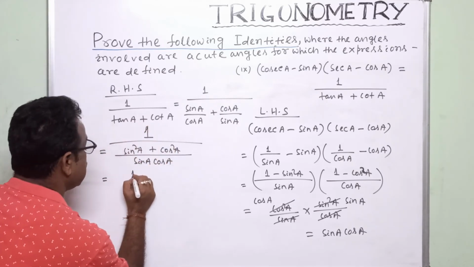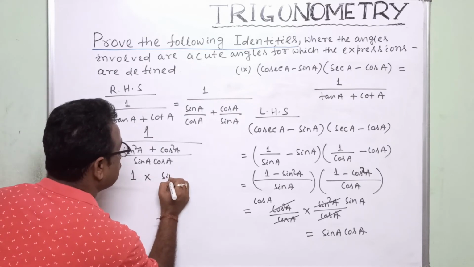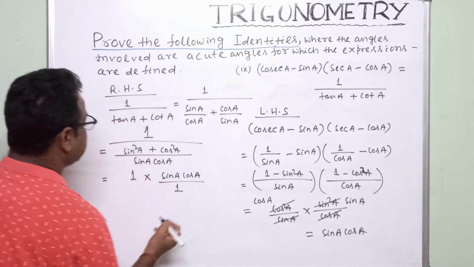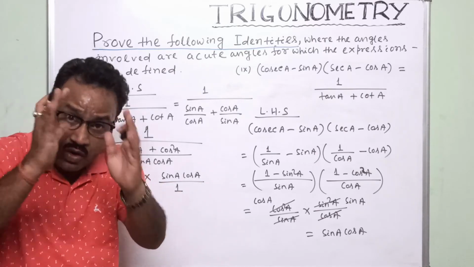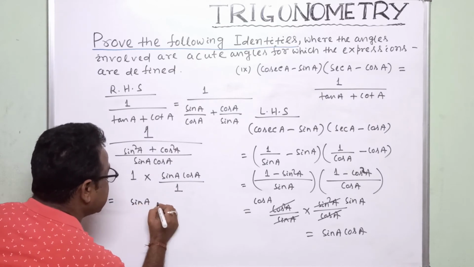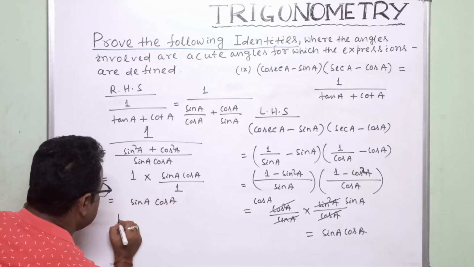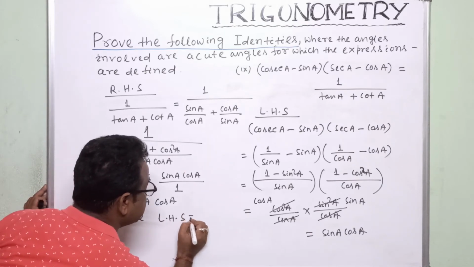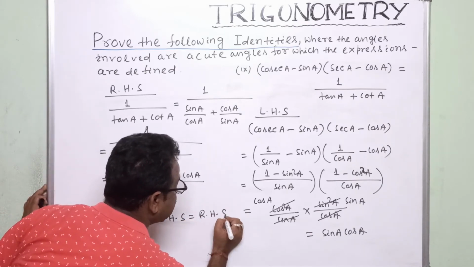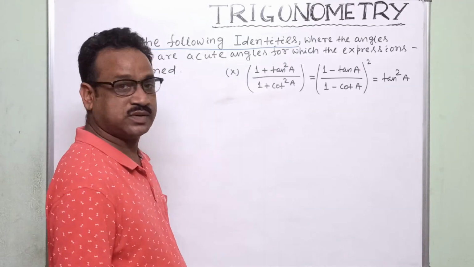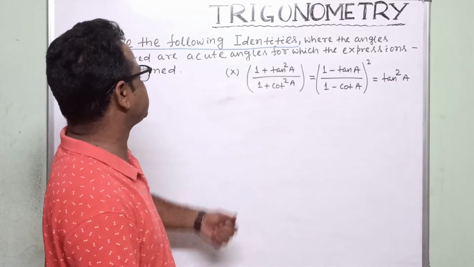So that is equal to 1 into sin A cos A by 1, because sin square A plus cos square A is equal to 1. So that is equal to your sin A cos A. Hence LHS is equal to RHS, proved.